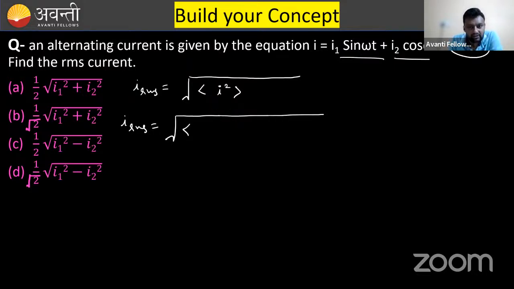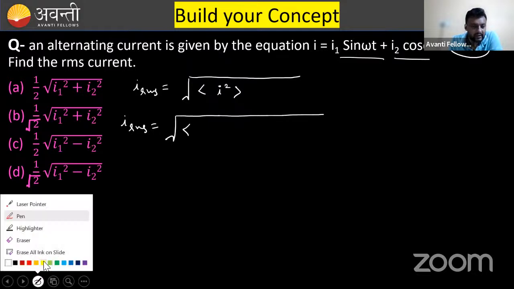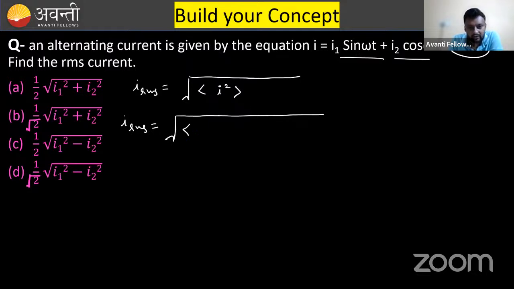If you square this term, it will be written as I1 square sin square omega t, plus I2 square cos square omega t, plus 2 I1 I2 sin omega t cos omega t.